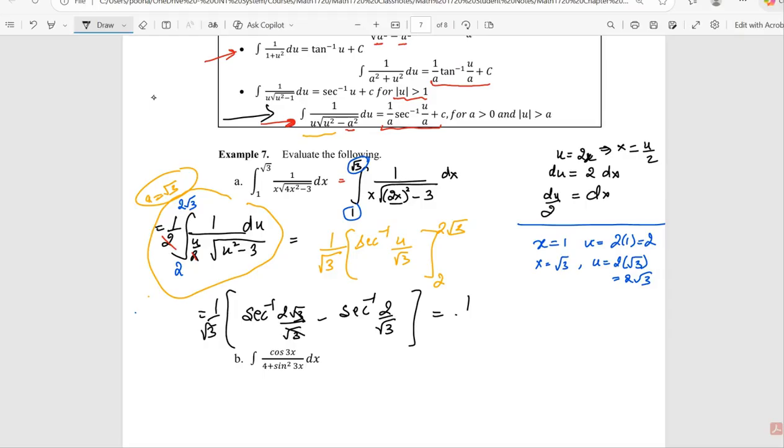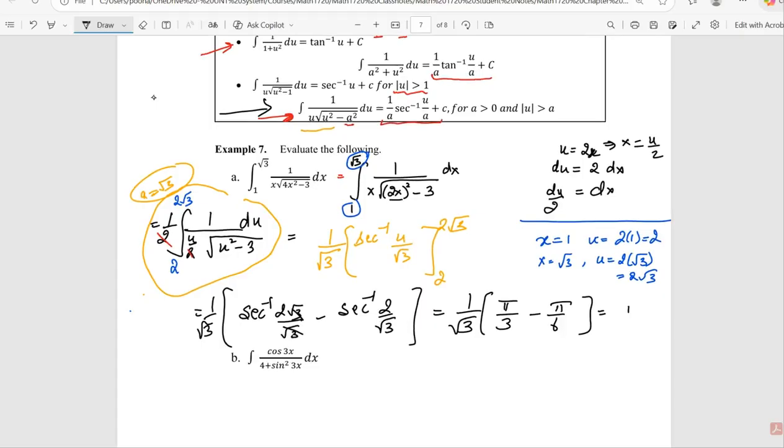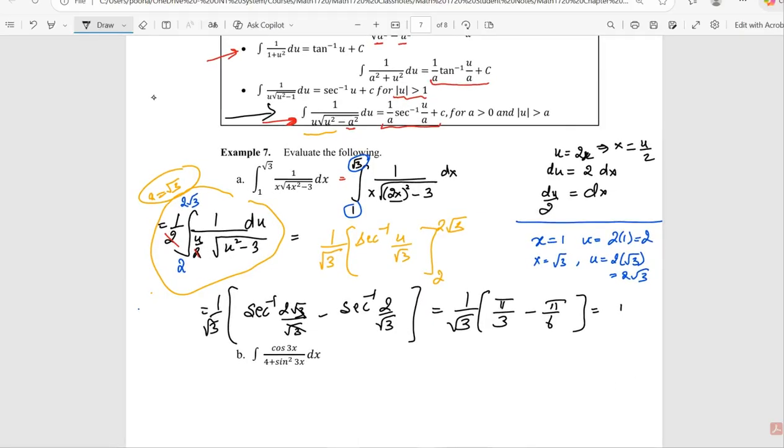Secant inverse of 2 will be pi by 3, minus secant inverse of 2 by root 3, which would be pi by 6. The answer to this would be pi by 6 root 3.